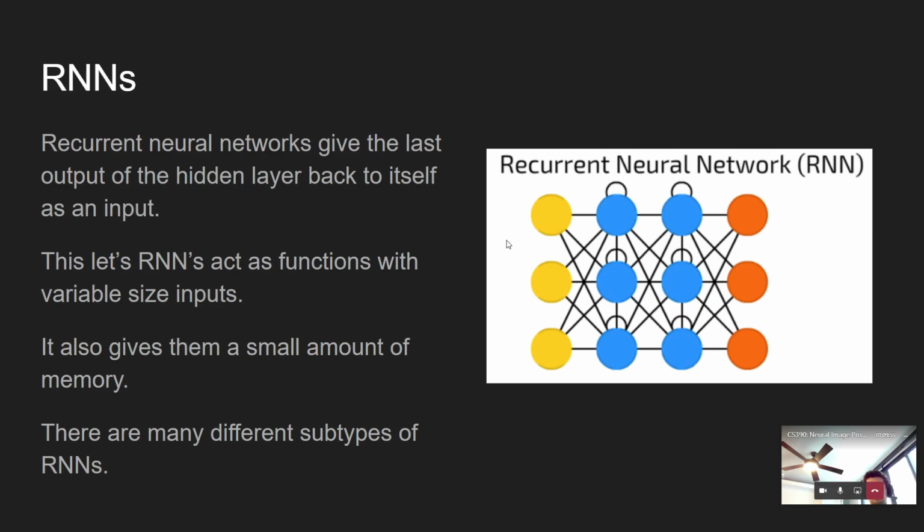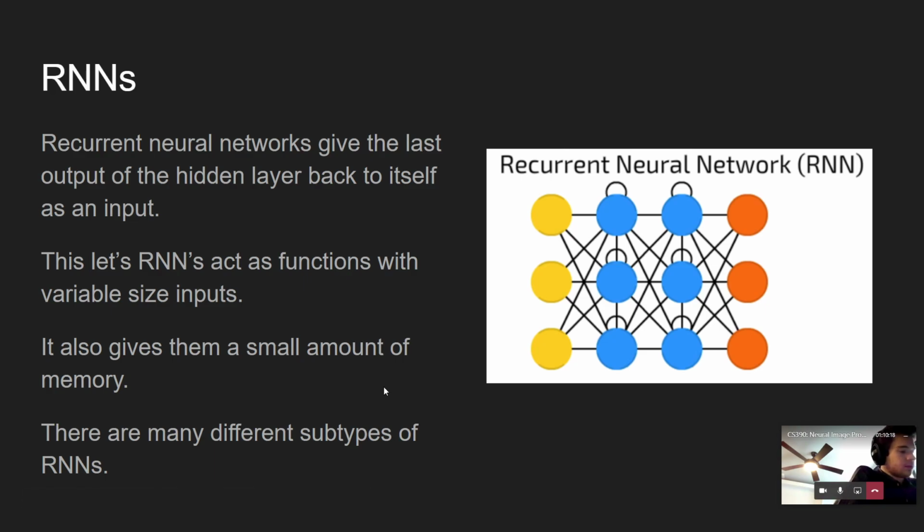Recurrent neural nets. These are great. These are good for sequence data, such as text or video, things like that. Recurrent neural networks give the last output of the hidden layer back to itself as an input. So here's kind of a look at that. There's lots of subtypes of these too, like LSTMs and GRUs.